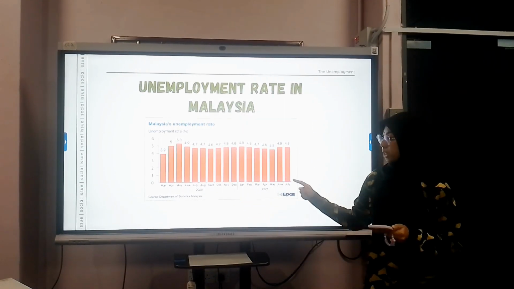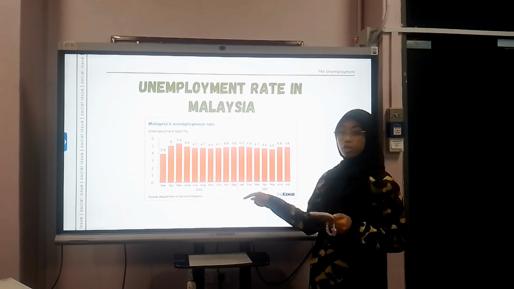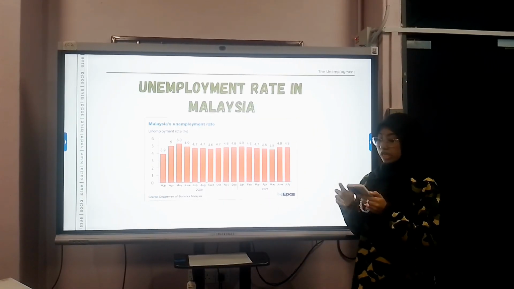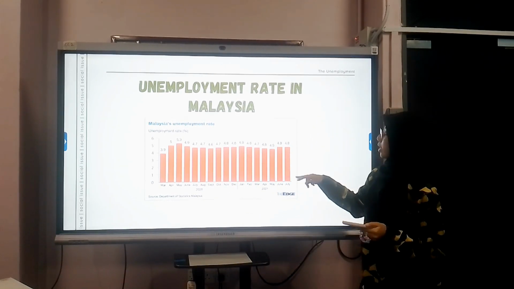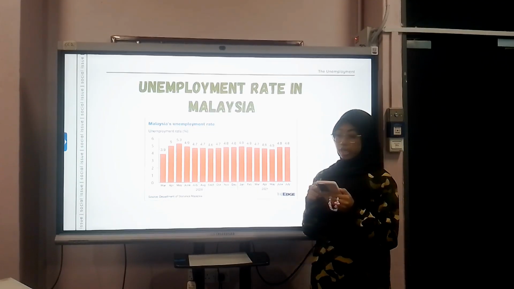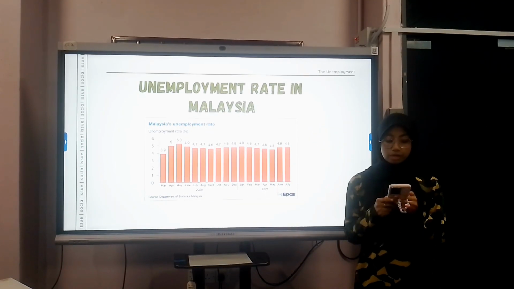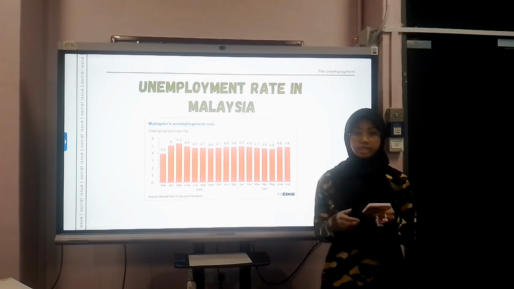This happened because many businesses, factories, and shops had to close for a while. Even after the lockdown ended, the rate stayed high at around 4.8% in July 2021, which showed that recovery was slow. It took time for businesses to reopen and rehire workers again.